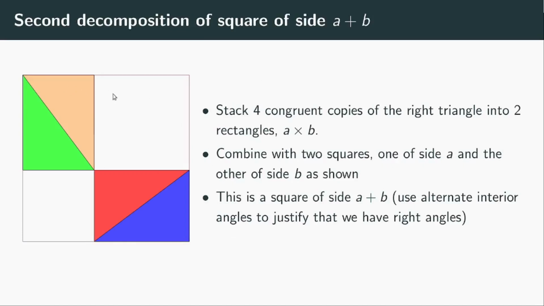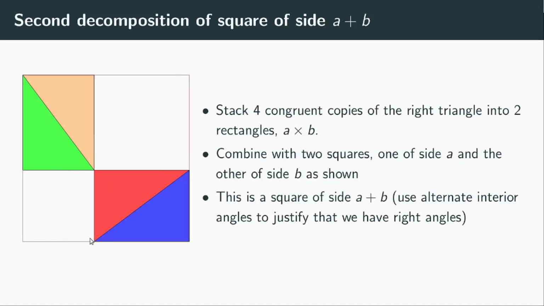Now let's take this same square and cut it up again. I take my four copies of the right triangle and stack them together hypotenuse to hypotenuse. I get little rectangles that are b by a, or a by b, rectangles. If I stack them like this, it gives me a pair of squares.